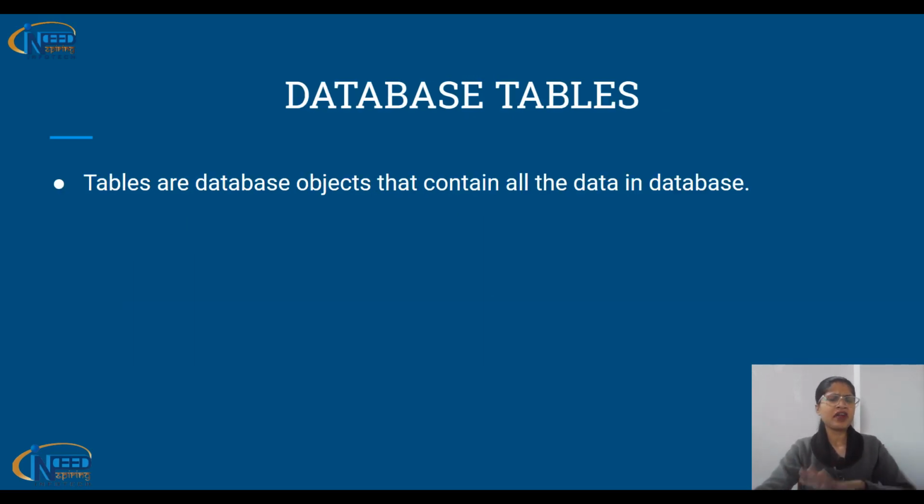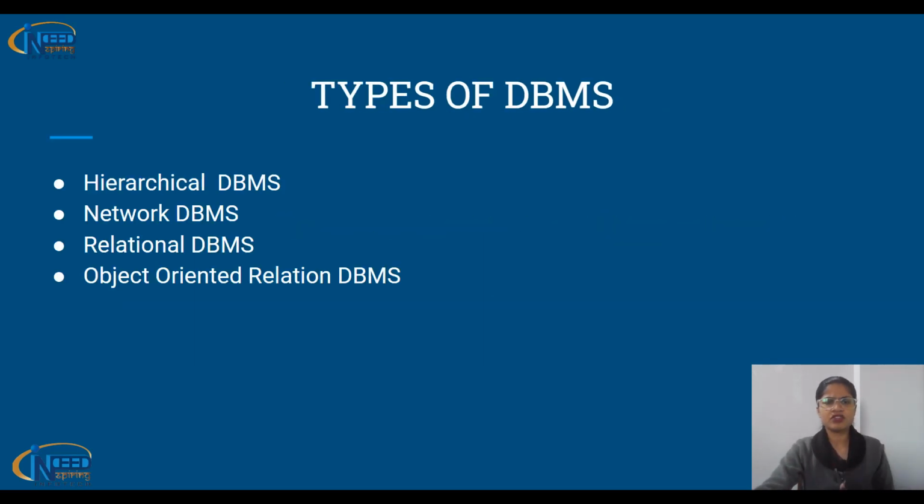There are different kinds of databases in the market. Here we can observe the hierarchical database, the network database, the relational database, and the object-oriented relational database. Each database has unique features and is used for multiple purposes.